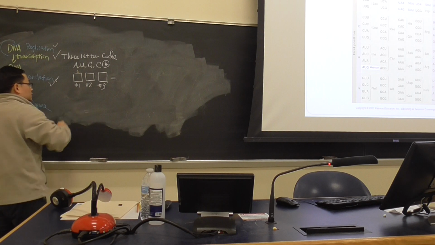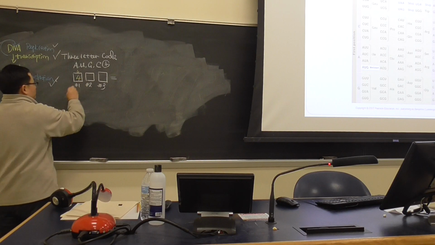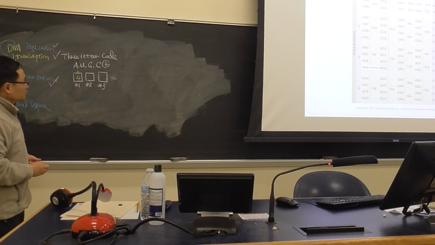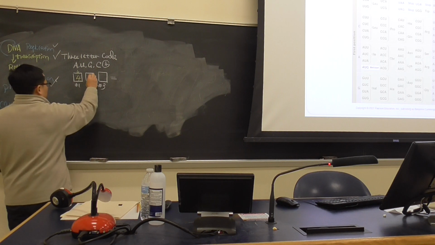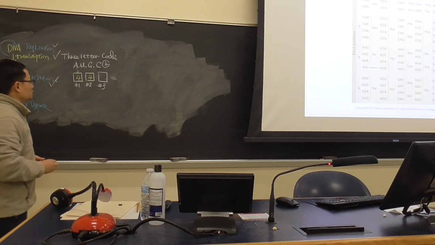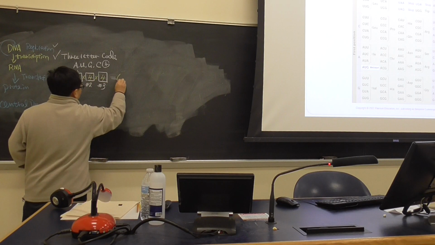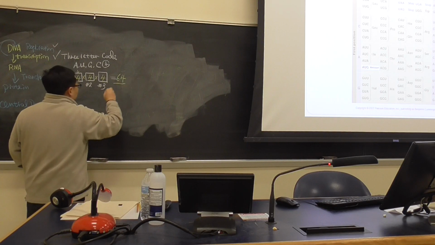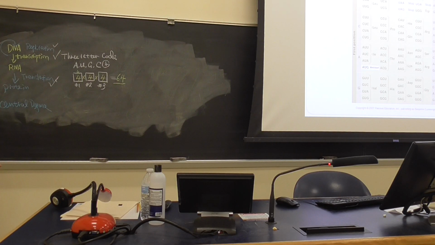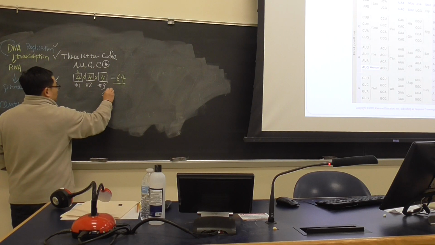How many possibilities in box 1? Could be A, U, G, C, anything, so it's 4. Box number 2 is also 4. Box number 3 is also 4. So we multiply them, we get 64. So theoretically, there are 64 genetic codes. However, we know how many we have.